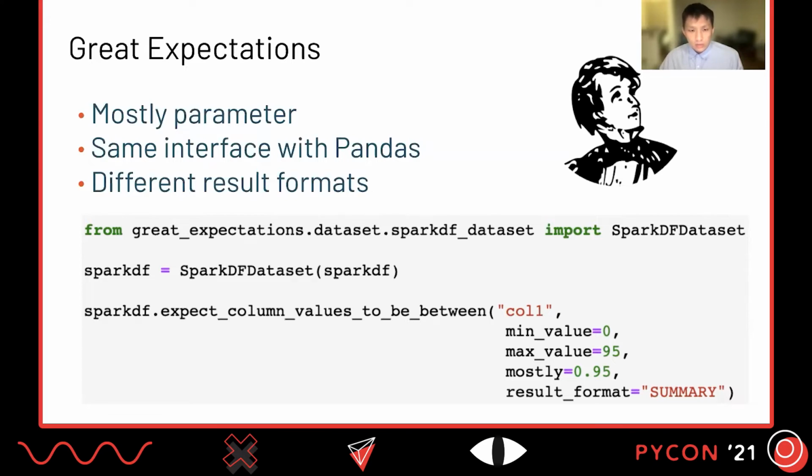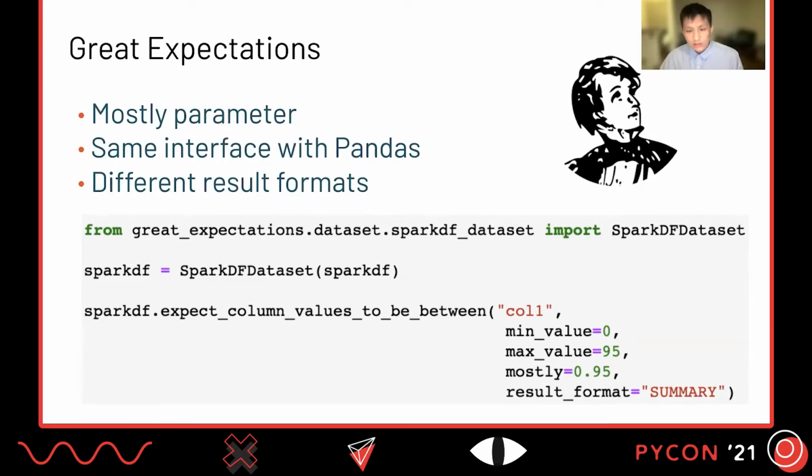So a normal workflow would be that people start using Pandas, and as the data size becomes too big, then you would scale to a distributed compute platform like Spark or Dask. Great Expectations luckily has an API for both Pandas and Spark, making it very easy to transition.